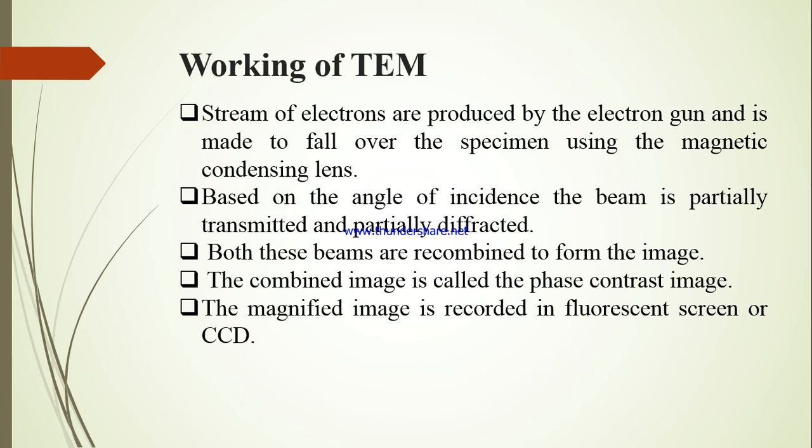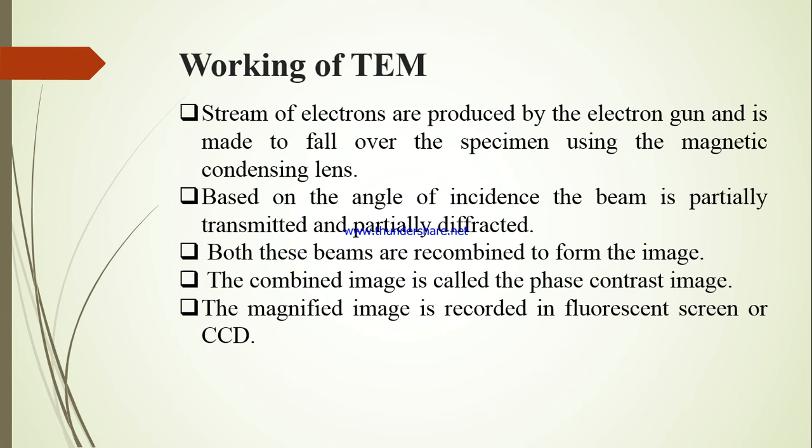The working of the transmission electron microscope is that a stream of electrons is produced by the electron gun and made to fall over the specimen using a magnetic condensing lens. The condensing lens helps to spread the electrons, which travel in vacuum, throughout the sample.